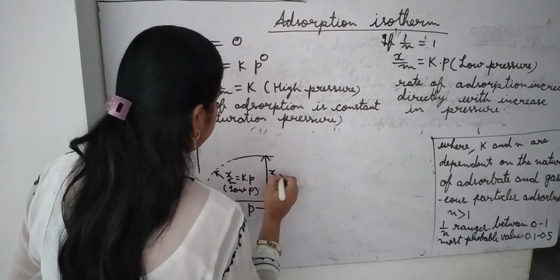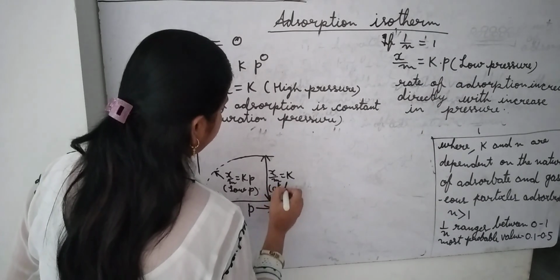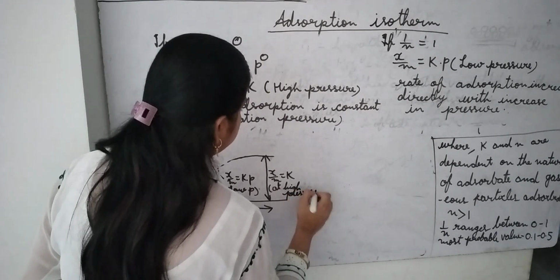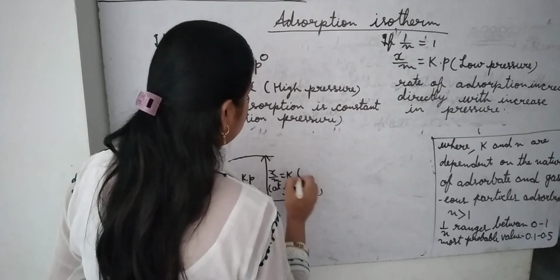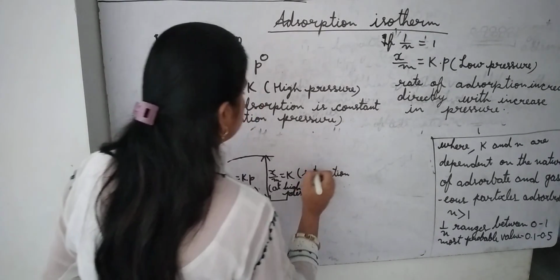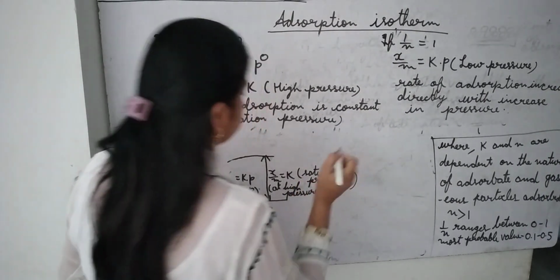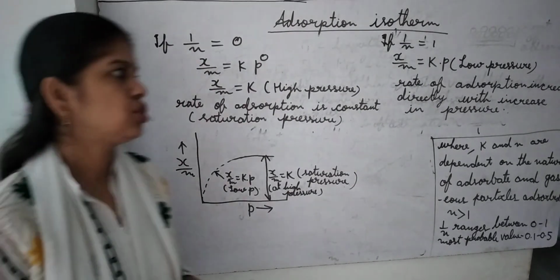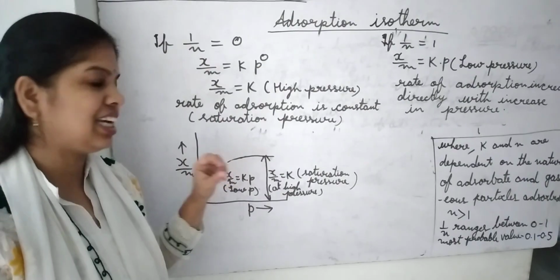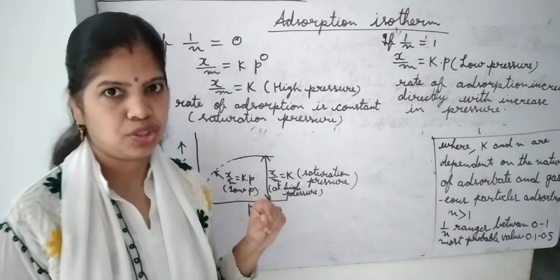So x by m is equal to K at high pressure, and this is called saturation pressure. So Freundlich was not able to explain it experimentally, and this was the failure of Freundlich adsorption isotherm.